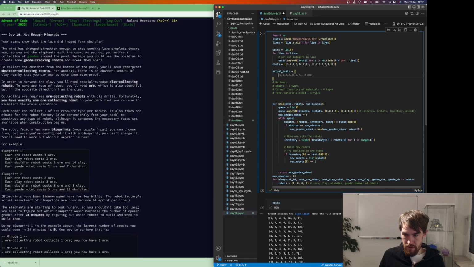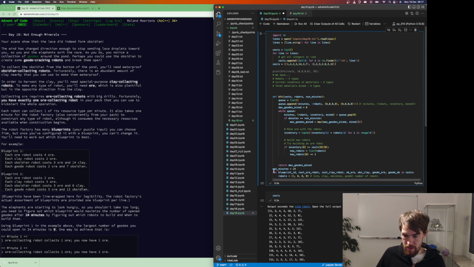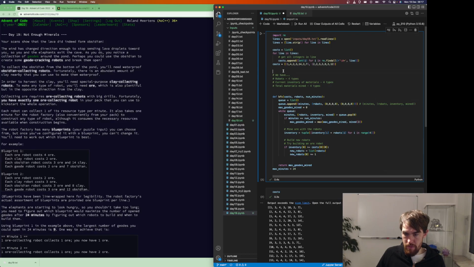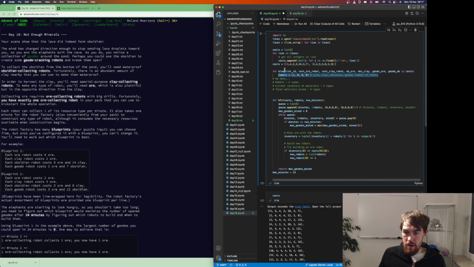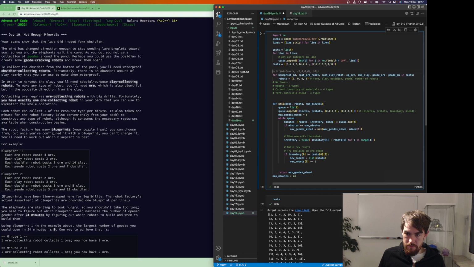So the ore robot would cost... cost per robot is a list.